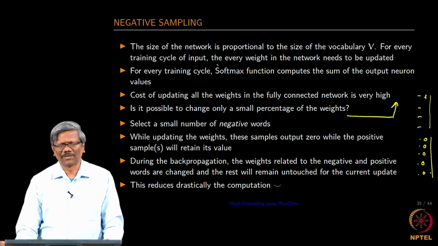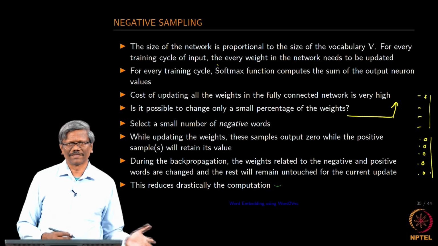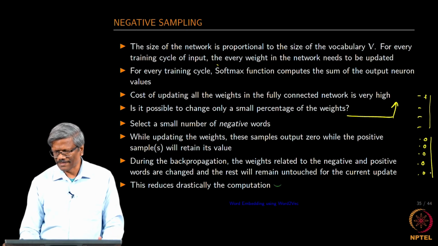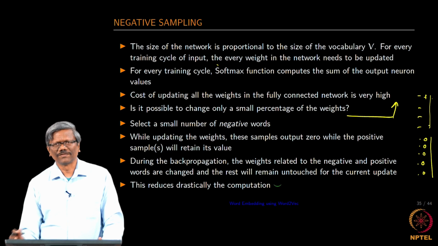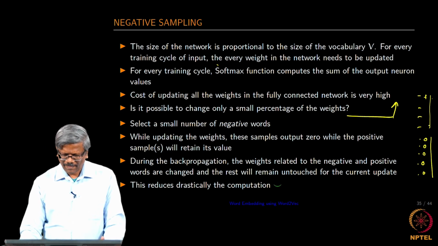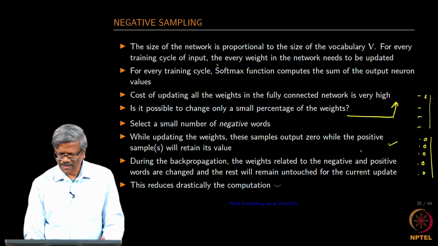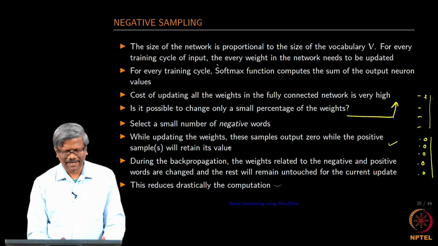Instead of computing every weight in the embedding as well as the context matrix, we are going to be only changing a certain number of weights. Okay. And this is what is given here.